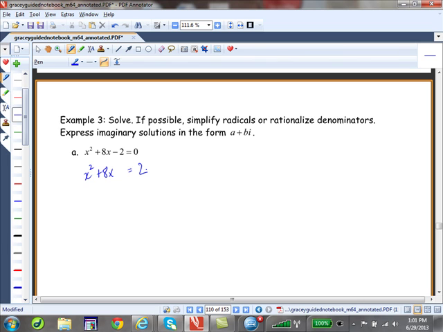Now, what's my b? Good. b is 8. So b over 2 squared is 8 over 2 squared, which is 4 squared, which is 16.